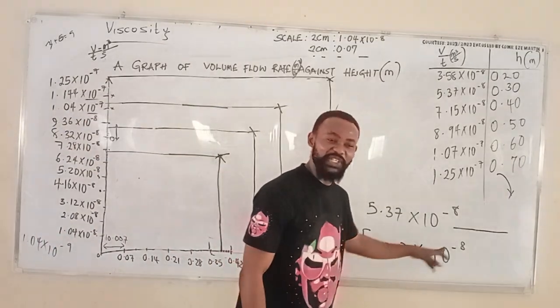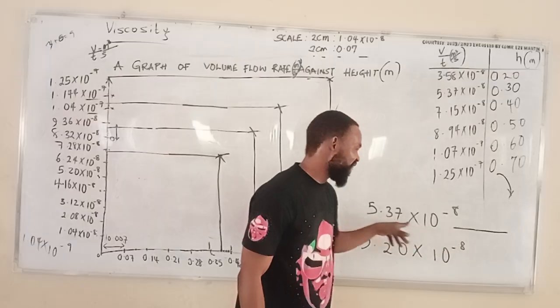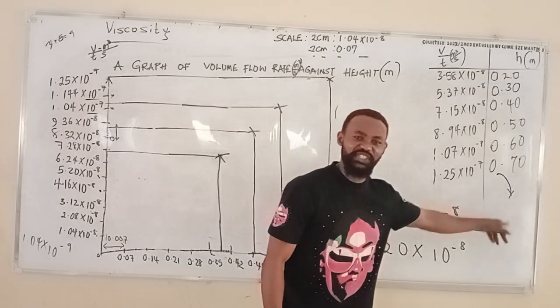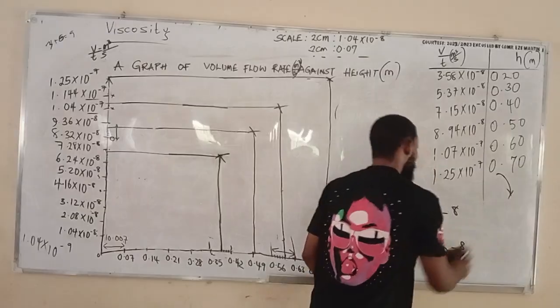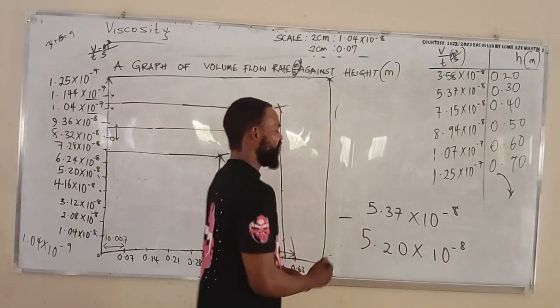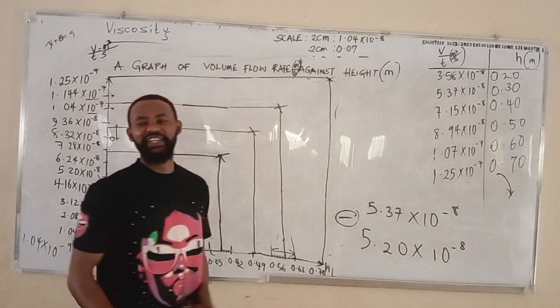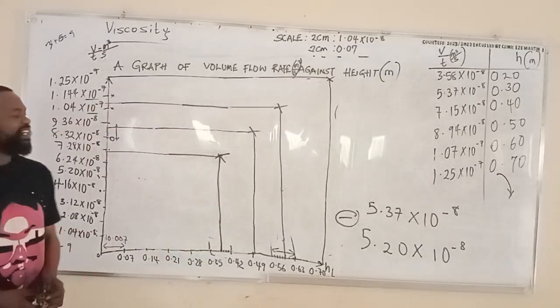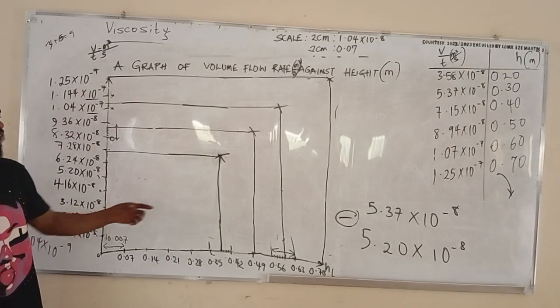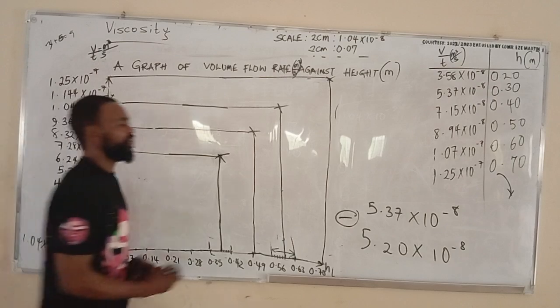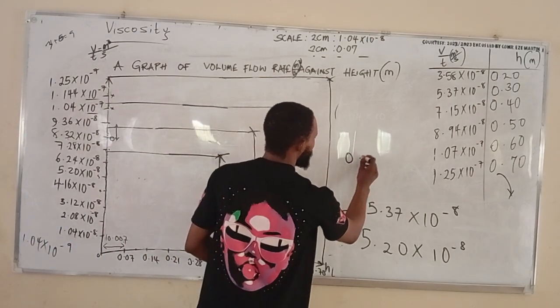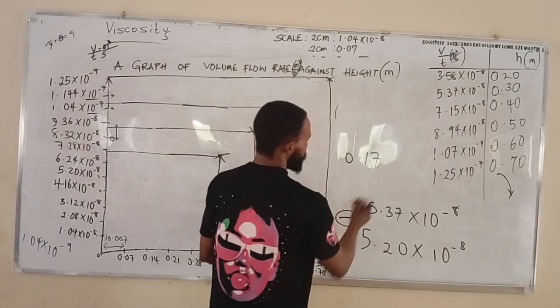When he's reading, he will forget that it's minus. You will not say, indeed, this was the essence of this dash. Please, minus. I know students. Students can be very funny. What do you have? 0.17. 0.17. Very small.